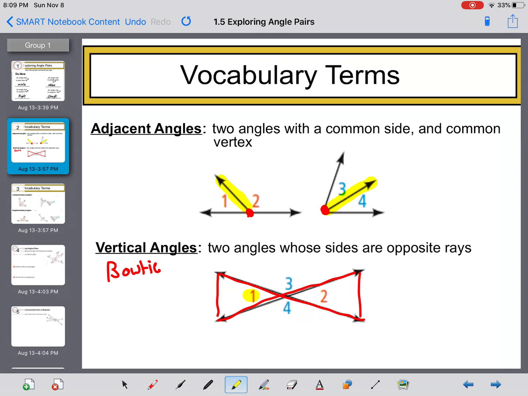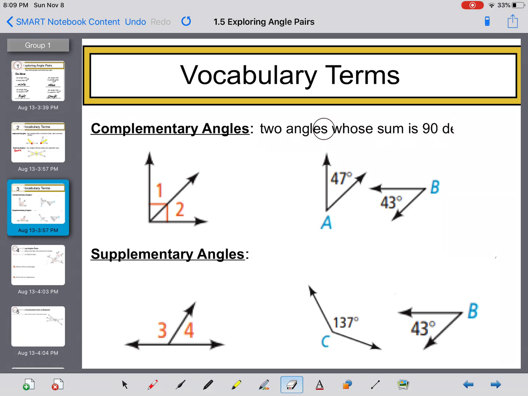So angle 1 and angle 2 are vertical angles. And another, angle 3 and angle 4, a bow tie looking right here. Vertical angles are congruent. So angle 1 and angle 2 are the same measure, and angle 3 and angle 4 are the same measure.